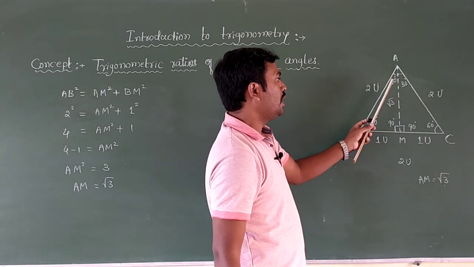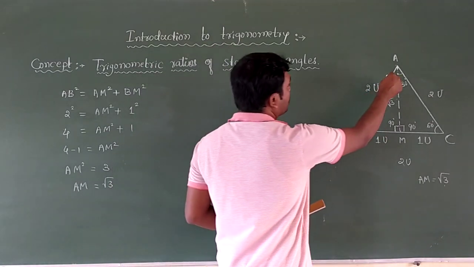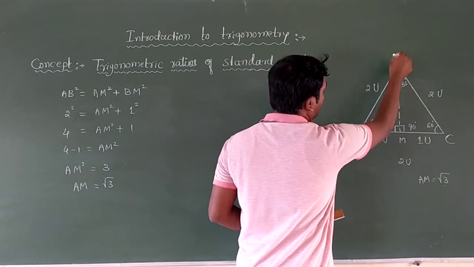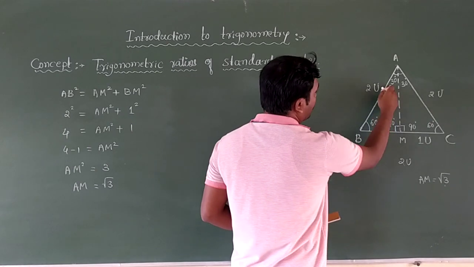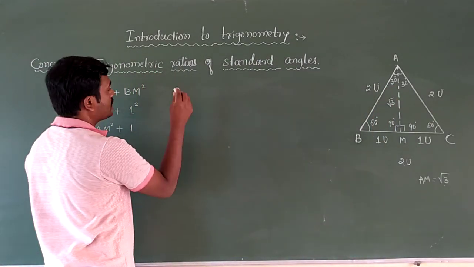Let us find the standard angles trigonometric ratios of 30 degree. If I consider this 30 degree as this angle A as the reference angle, let us find all these 6 trigonometric ratios.